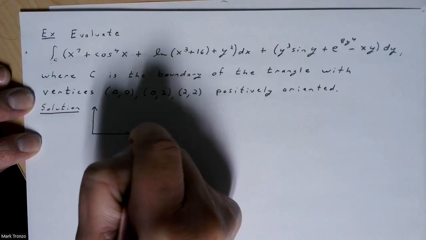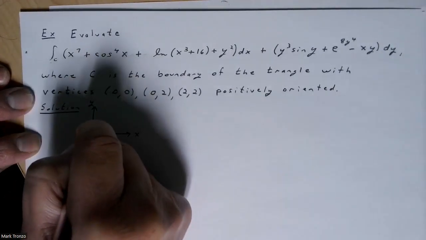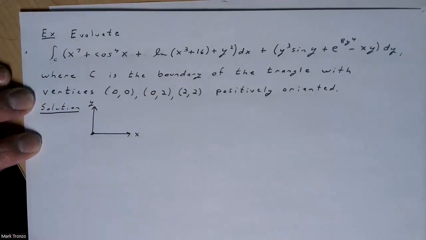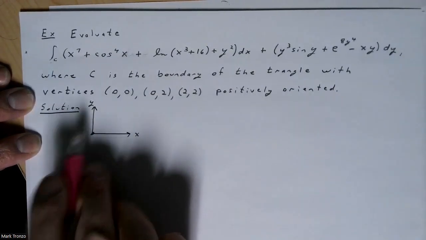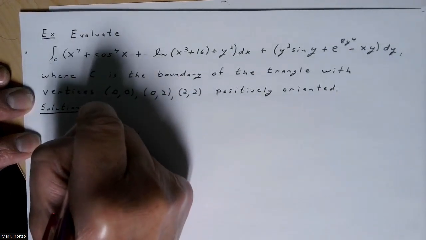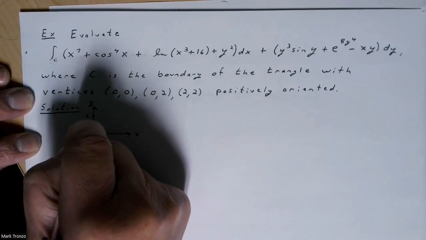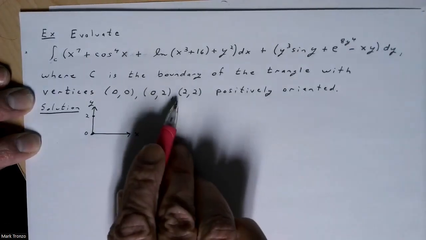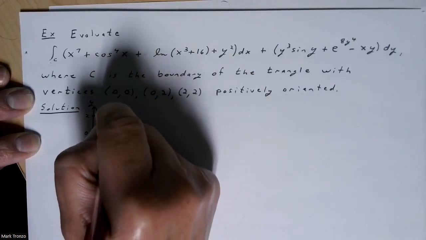And we're told the vertices are at (0, 0), then (0, 2), 0 on the x, 2 on the y, and then (2, 2), 2 on the x, 2 on the y.